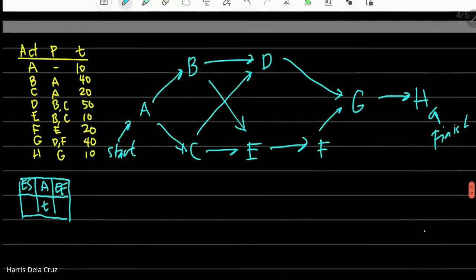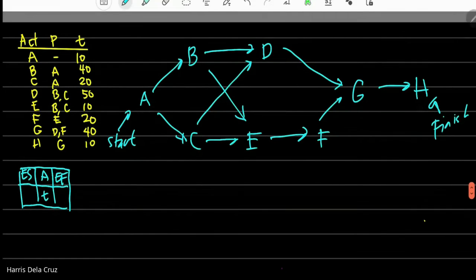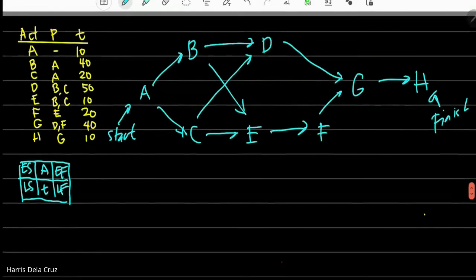So, early finish. Pero sometimes, there are activities that you can start late. So, lalagyan natin late start. Tapos, pag ginawa mo yun, ano na yung latest possible finish na pwede mong gawin? So, late finish.